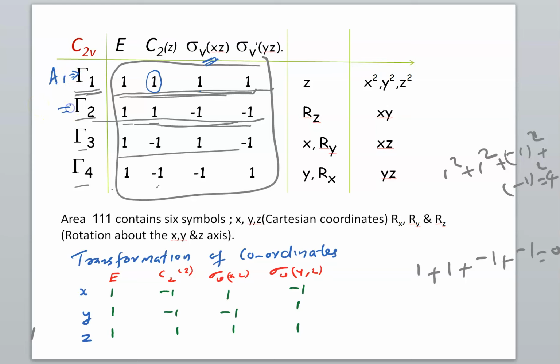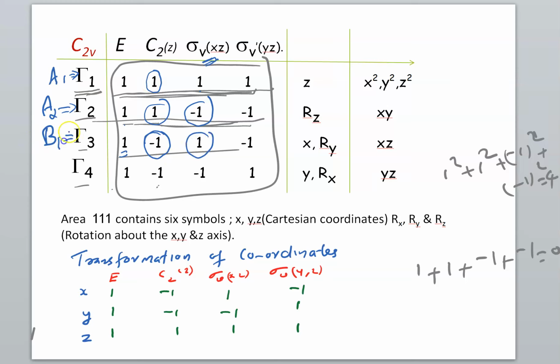And gamma 2, this is also one-dimensional and symmetric to the principal axis, therefore it is also A. Okay, but it is anti-symmetric to the vertical plane, therefore it is A2. Okay, and this one is one-dimensional, but it is anti-symmetric to the principal axis, therefore it is B. But it is symmetric to the vertical plane, therefore it is B1.